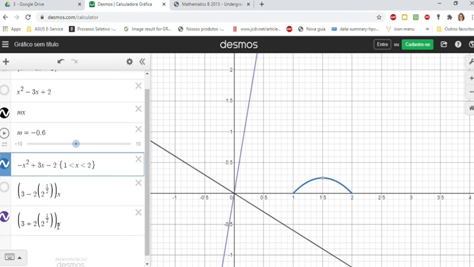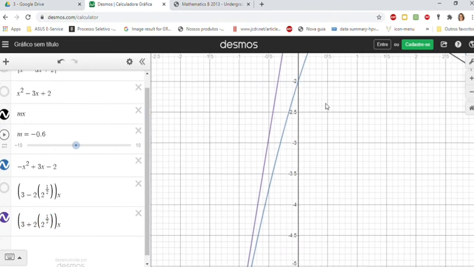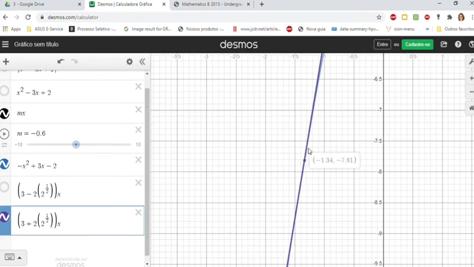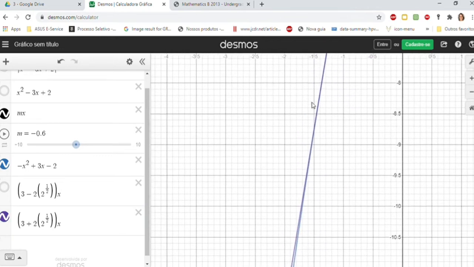This part over here is giving us something different. Look, if I take away this part over here and now I have the whole thing, it is still tangent, but over here in the bottom, okay?